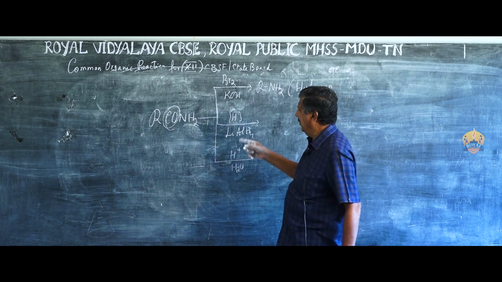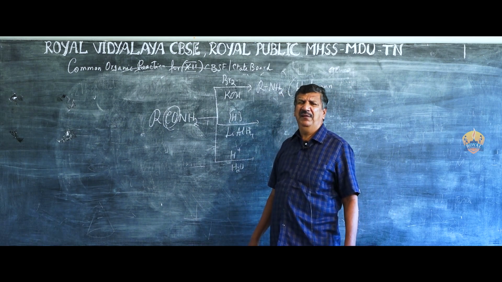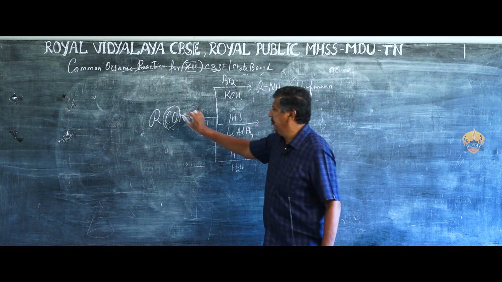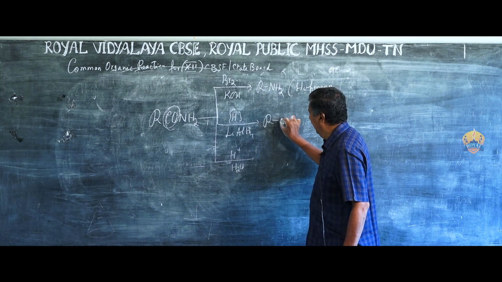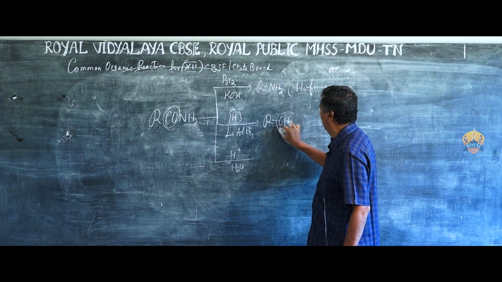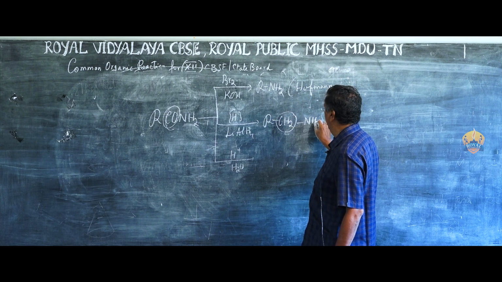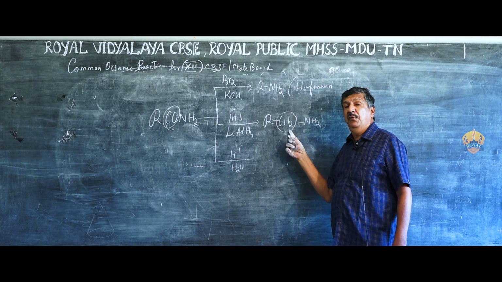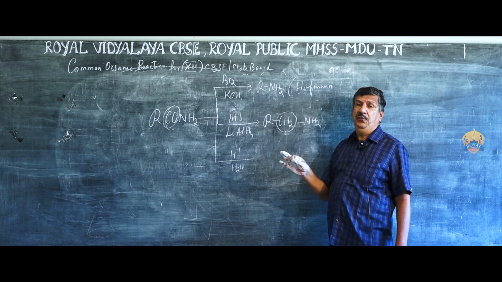Okay. What happens when you treat with lithium aluminum hydride reduction? In that case, the CO is reduced to CH2. You see the difference? Here CO is eliminated, here the CO is converted into CH2.